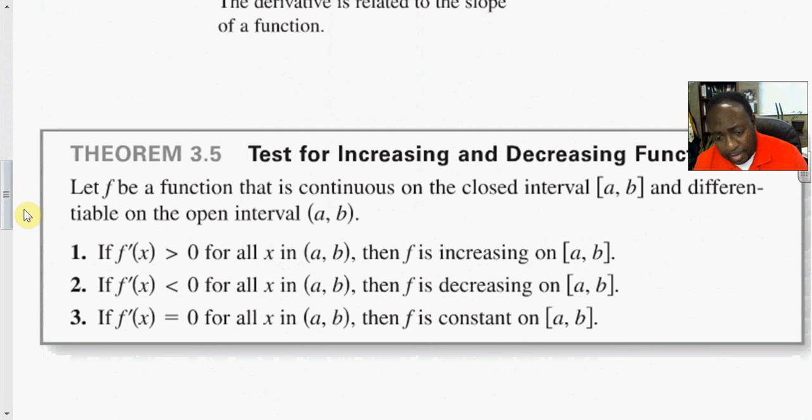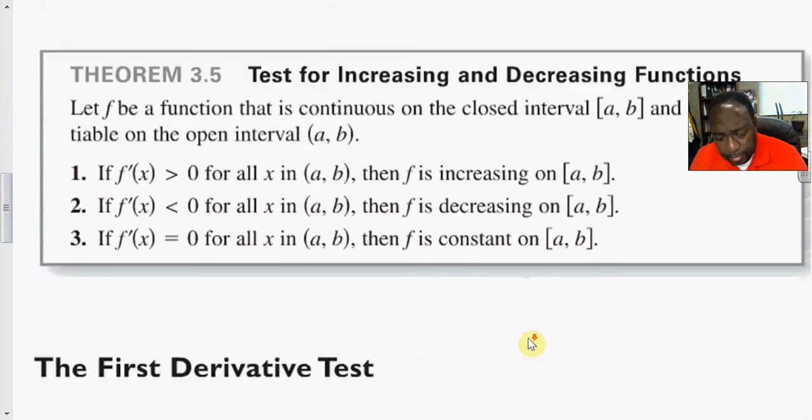If f prime of x is positive for that particular interval from a to b, the function is said to be increasing. If f prime of x is negative on the interval from a to b, then f is said to be decreasing on the closed interval. If f prime is 0, then the function is constant on that particular interval.